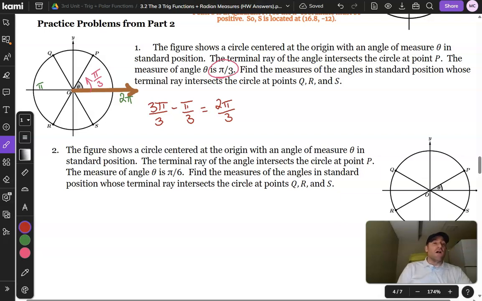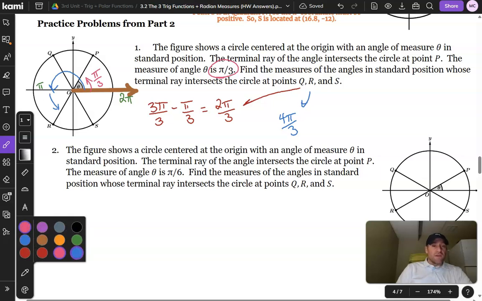Then I'm just going to pretend as if we showed it out again. Here's pi plus another pi over 3. So hang on, Q is that one. R is 4 pi over 3.